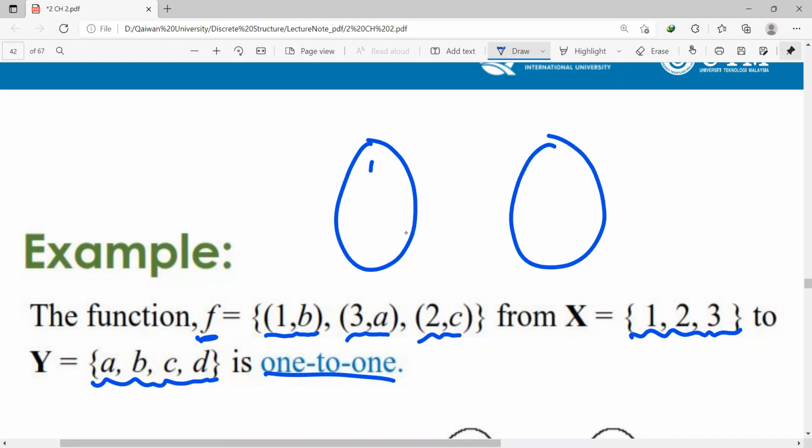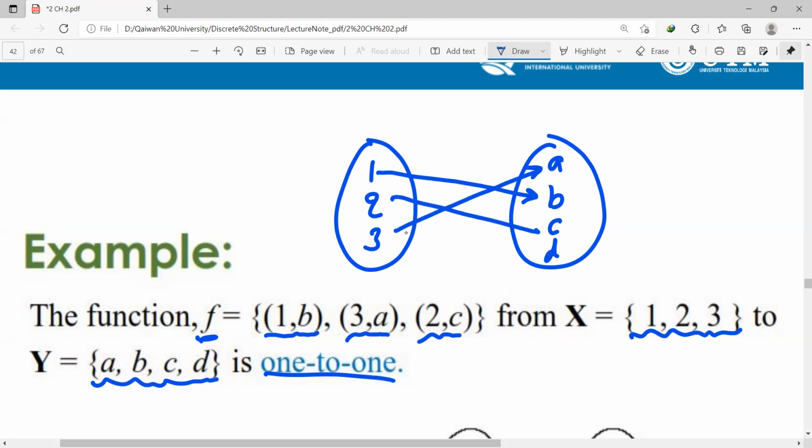This is 1, 2, and 3. Here we have A, B, C, and D. The image of 1 is B. The image of 3 is A. And the image of 2 is C. That's all. Here we have only these three members in the function.